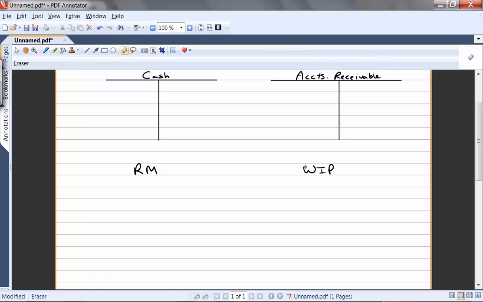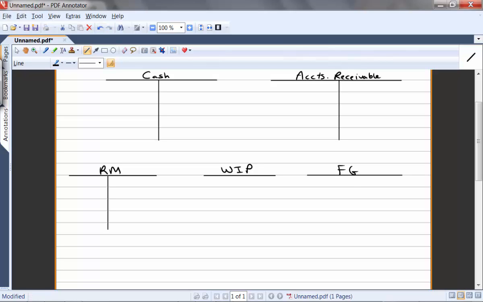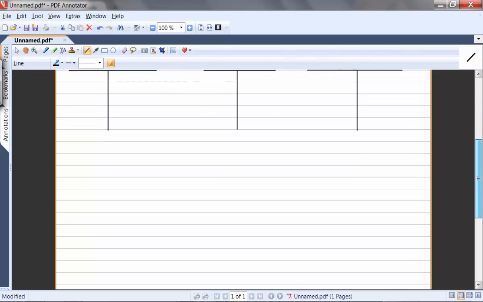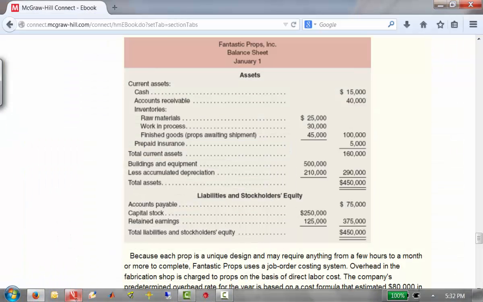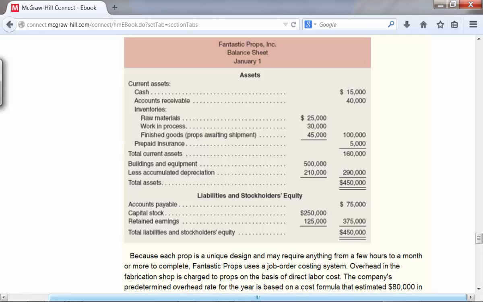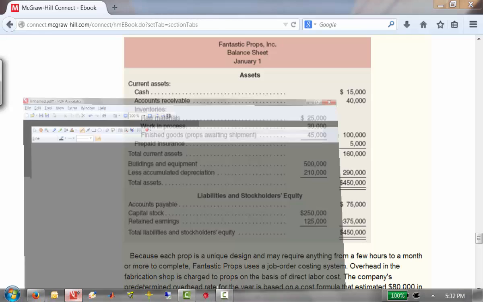Actually, I want to keep these on the same row here. Raw materials, work in process, and finished goods. Oops, my line's not straight. There we go. Now I may need more room later, but if I need it, I'll extend the lines. Then we have prepaid insurance, and buildings and equipment, and then accumulated depreciation.